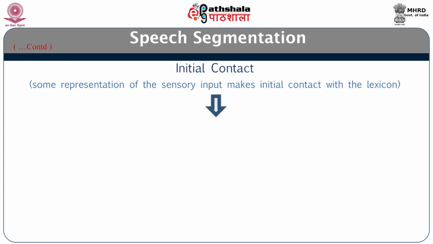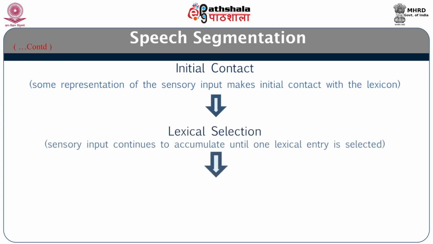Once that contact has been made, the next stage is that of lexical selection. This is where the system is trying to match the initial input with some representation. It's trying to find the word that the speaker is saying. Here the sensory input, the amount of acoustic input that you hear, keeps accumulating bit by bit.